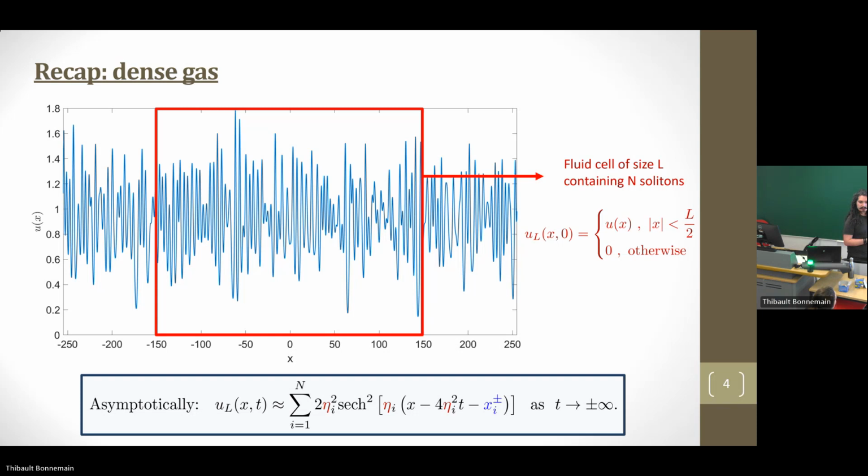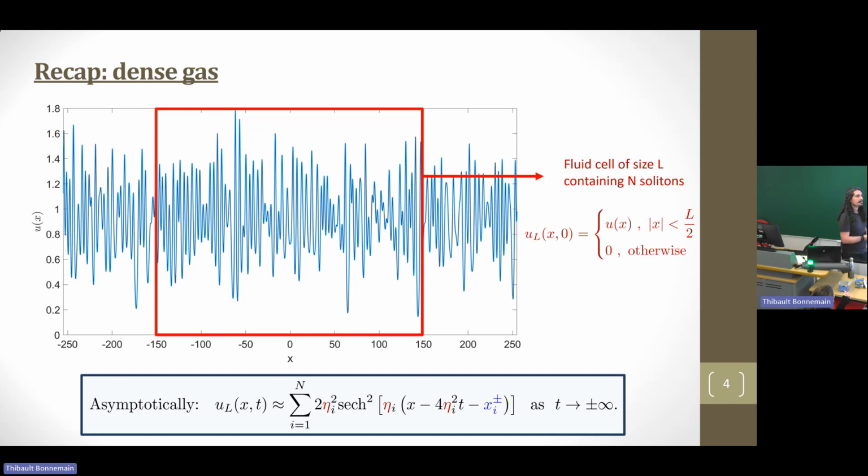What do you mean? So it's not like a force. No, it's not exactly a force. It's not a superposition. No, the superposition doesn't work. It works only asymptotically when they are separated. But can you tune the interaction? Yes, you can.